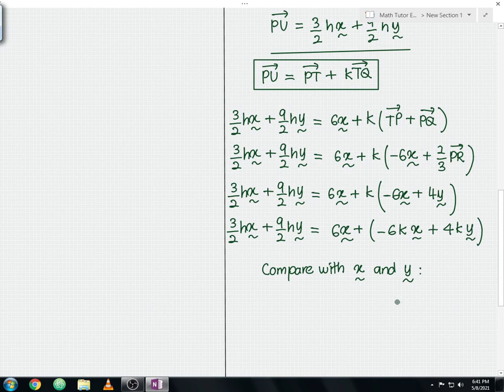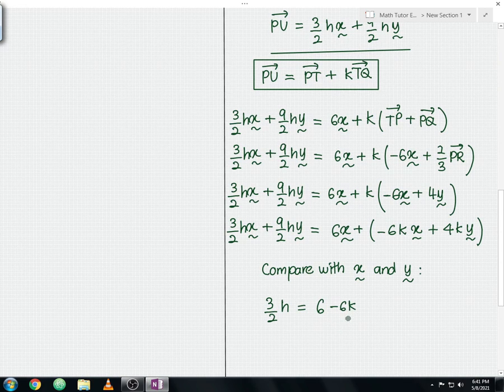Okay, so let us start with the component x. So from here, 3 over 2 h will be equals to 6, and then it will be minus with 6k.